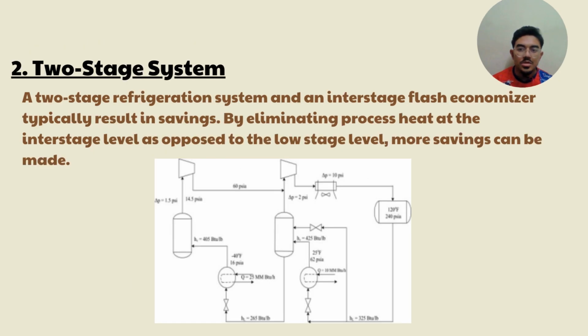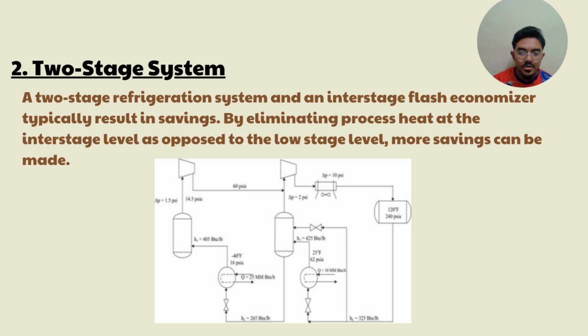Okay, number two is a two-stage system. A two-stage refrigeration system and an interstage flash economizer typically result in saving by eliminating process heat at the interstage level as opposed to the low stage level. More saving can be made. This is the diagram for two-stage refrigeration system. It differs from the first one, as you can see here.